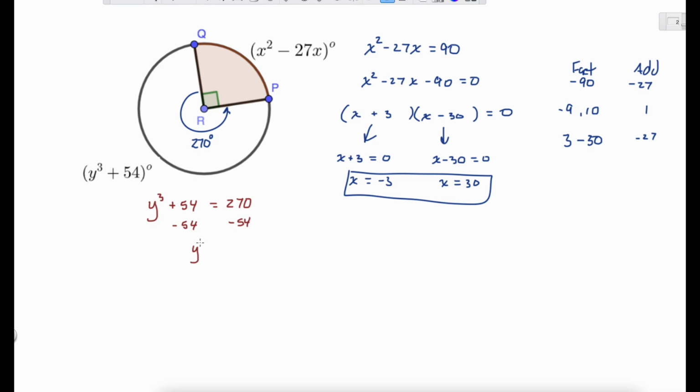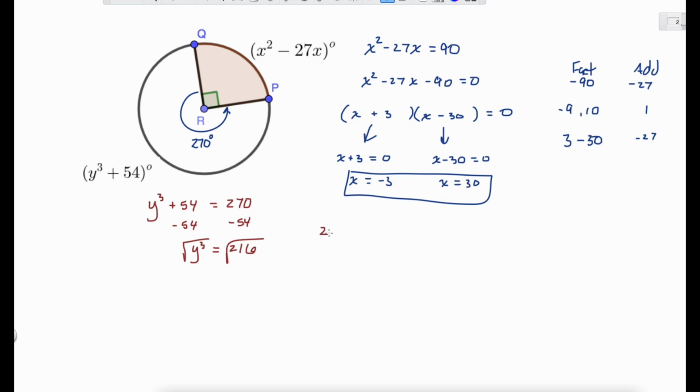Y cubed equals 216. Did I do that right? 216, I think so. And now I take the cube root of 216.